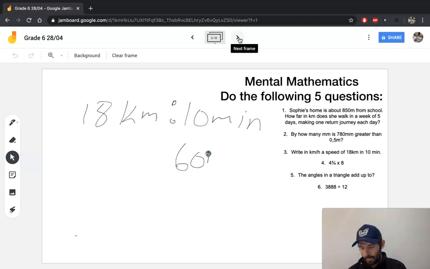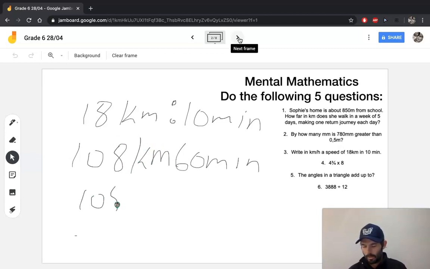So to get from 10 to 60, I multiply by 6. So I must multiply 18 by 6, and 18 times 6 is 108 kilometers in 60 minutes, so 108 kilometers per hour.